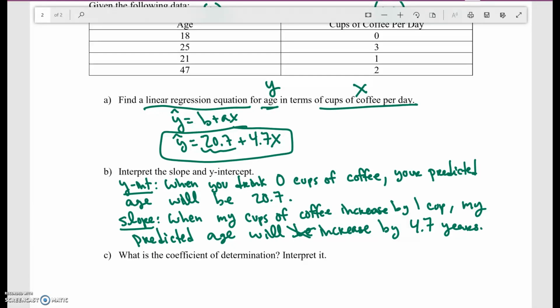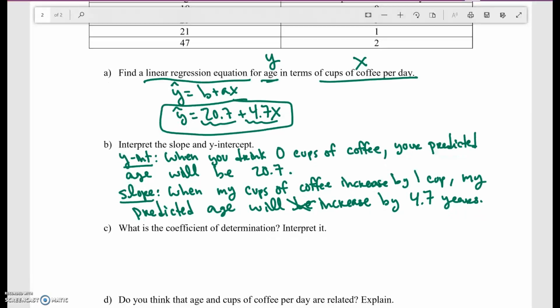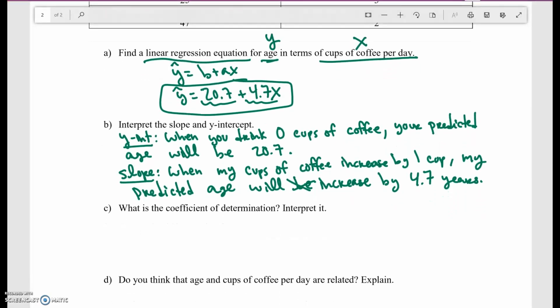My age is going to increase by this 4.7, whatever this a value is. If you want to go by what I was writing on the board this past week, go ahead and write that down. I will accept both answers as long as it makes some sense.